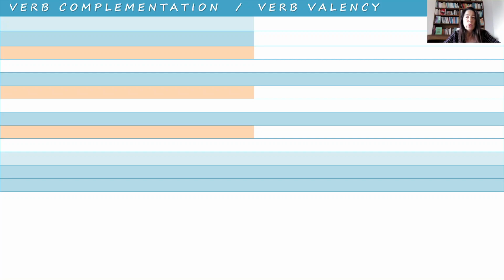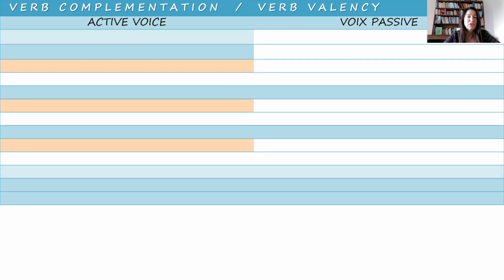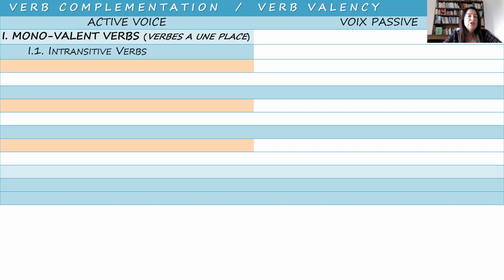Okay, so we're going to focus on that question and look at how things work relative to the active and passive voices. The first point is monovalent verbs, verbs which have only one argument, that is to say, the subject.